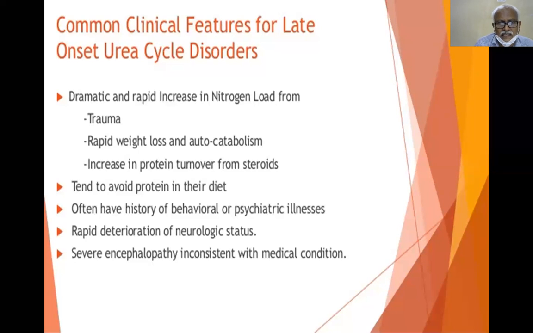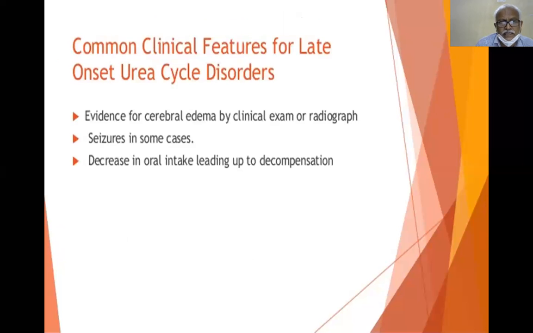You will see most of the people, girls, like this. They will tend to avoid protein in their diet. Often they have a history of behavioral or psychiatric illness. Rapid deterioration of neurologic status, severe encephalopathy, inconsistent with medical management.